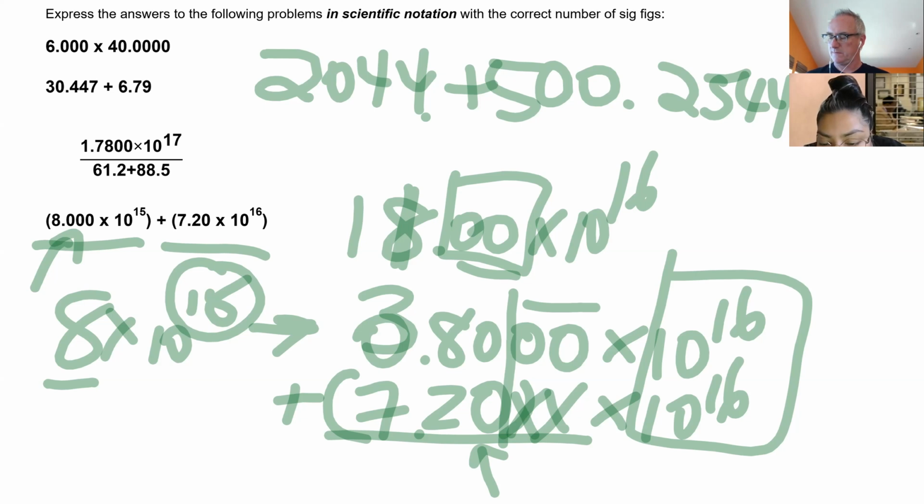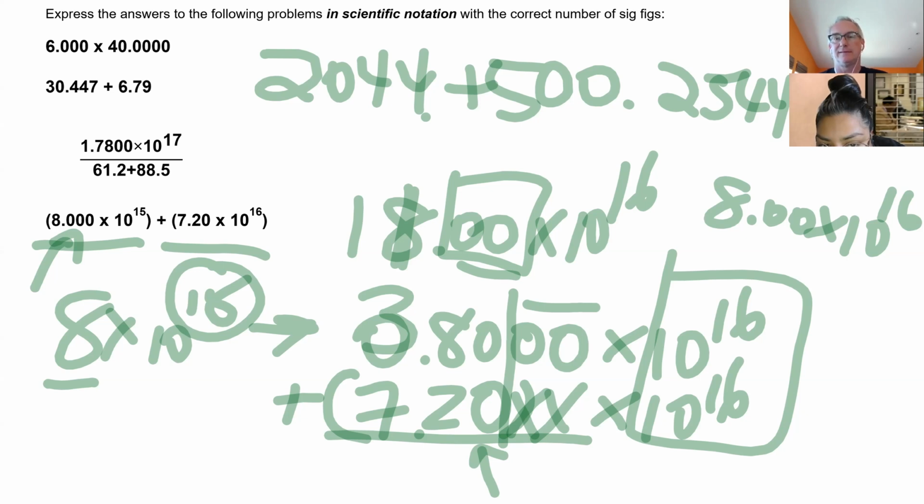I have another one. Like with this 8.00 times 10 to the 16, how do you write that out to show that you have those 3 significant figures? When you add the 16 zeros, how do you show that it's only 3 sig figs? By showing it in scientific notation.